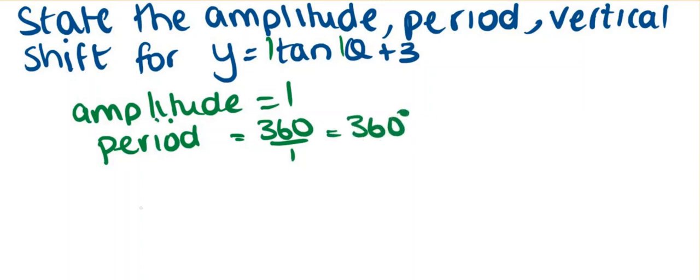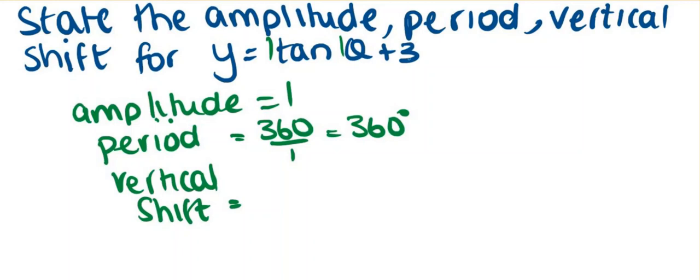And then the vertical shift, we look at plus 3, so this is going to be 3 units up.